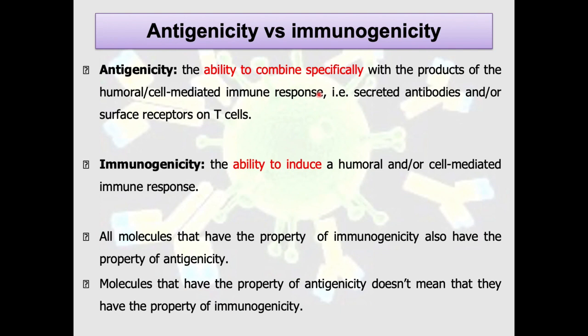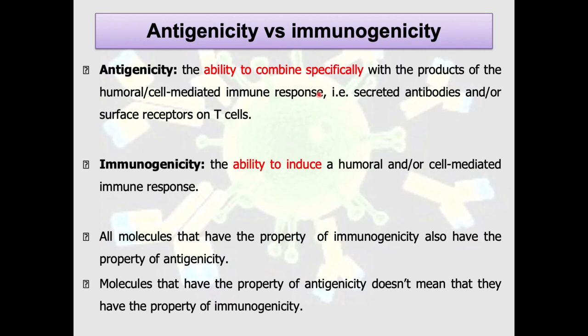All foreign substances that have the ability to induce an immune response, we call high immunogenicity. And they of course also have the characteristic of antigenicity, because first it must be able to be recognized by the antibody before the immune response is triggered, right?